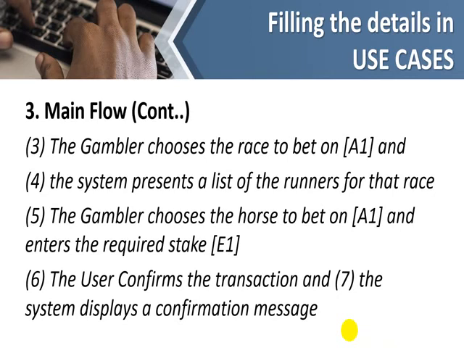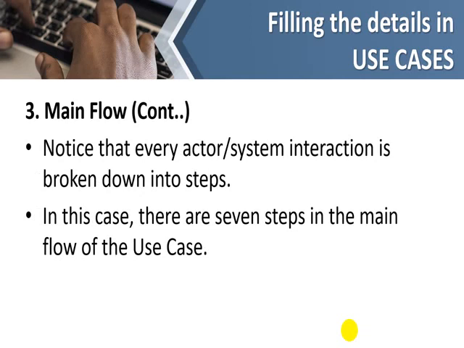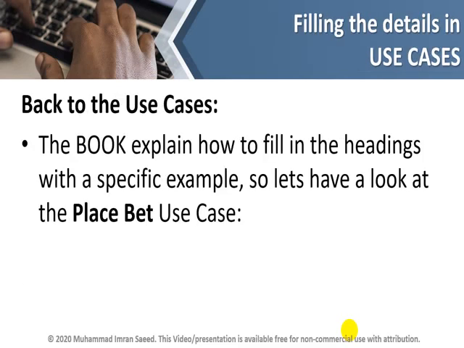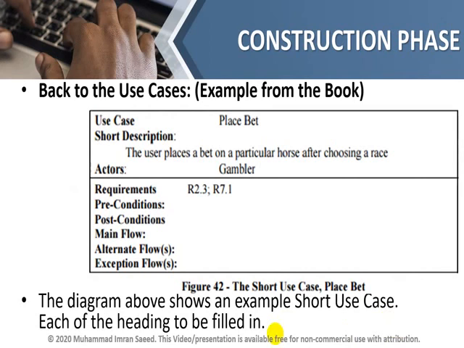There are no alternatives, no errors, nothing. Everything is what we wanted to have. So in this way, we write down the main flow. Now if I just show you that particular template again, over here somewhere we will write down all the steps that we have studied for the main flow.